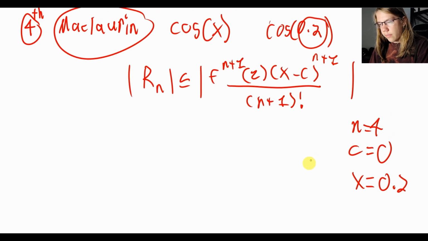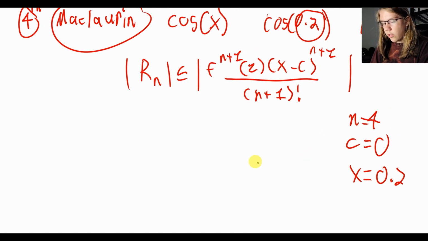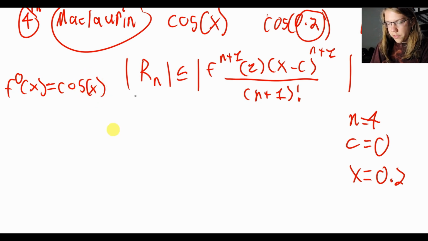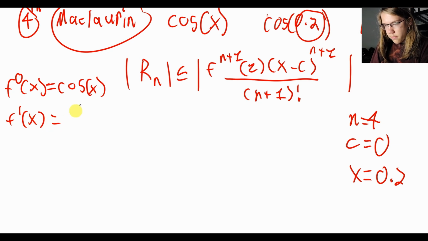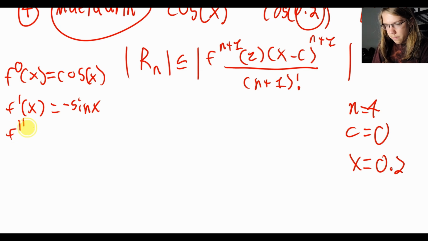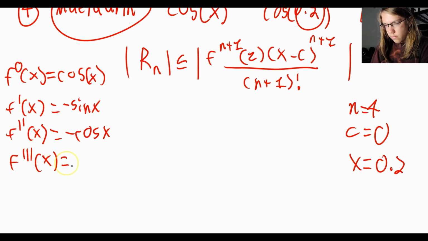So let's look at the derivatives of cosine. The first derivative is negative sine x. The second derivative, negative cosine x. The third derivative, positive sine x.